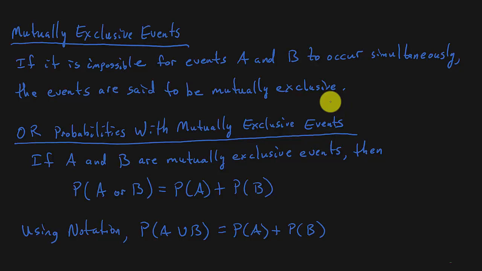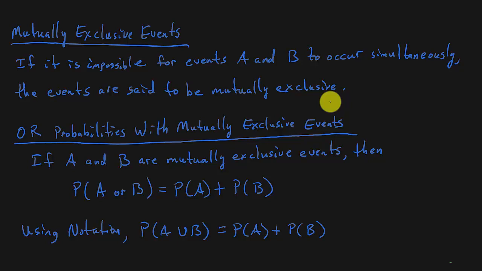So if you select one card, it's impossible to get both a king and a queen, right? Because if you select one card, you're not going to get a king and a queen at the same time. That's what a mutually exclusive event is. It's impossible for them to occur simultaneously.